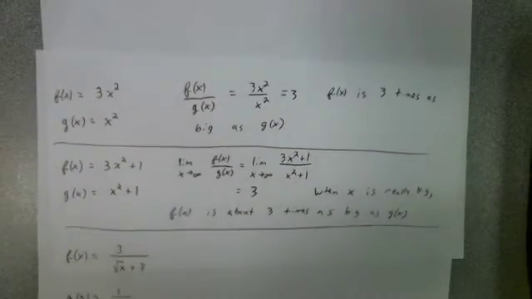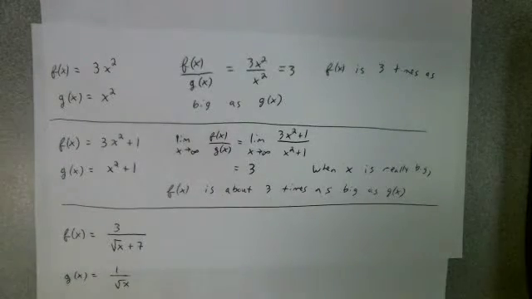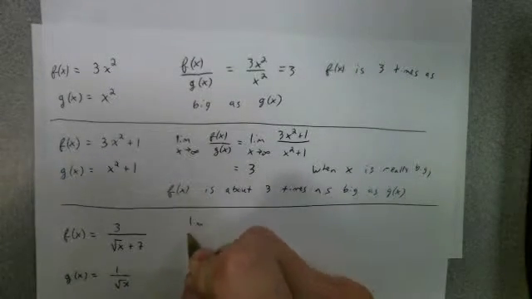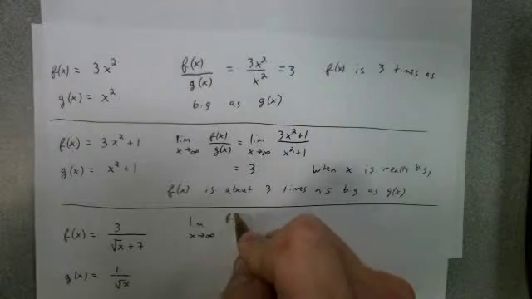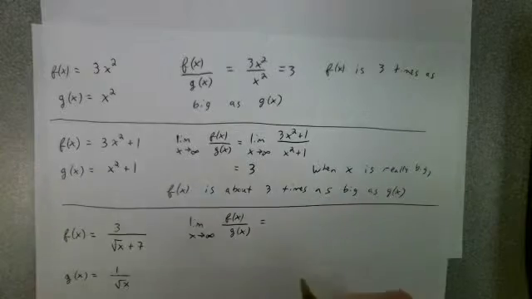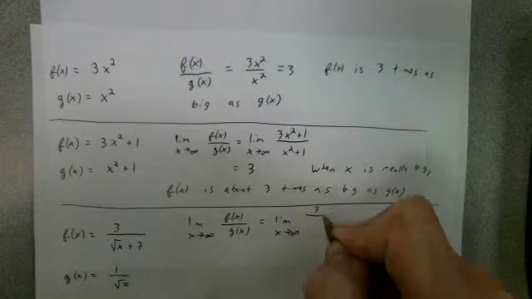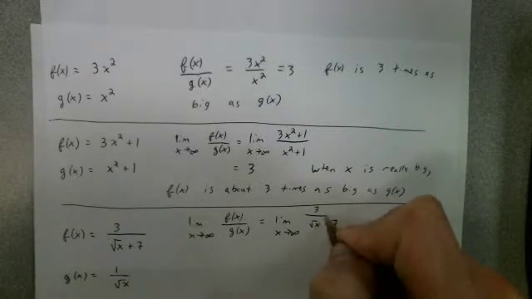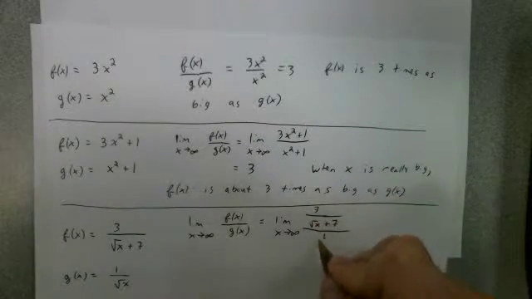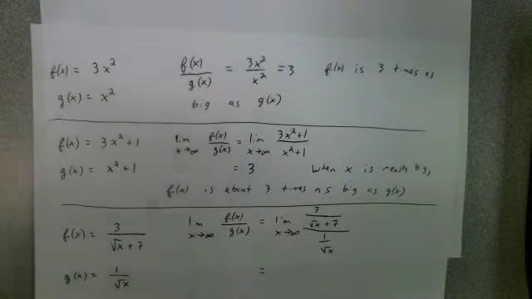New example. F of x equals 3 over root x plus 7. G of x equals 1 over root x. Let's do the limit as x goes to infinity of f of x divided by g of x. That's the limit as x goes to infinity of 3 over root x plus 7 all over 1 over root x. So compute that limit.